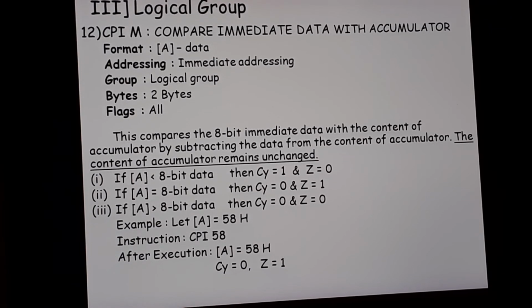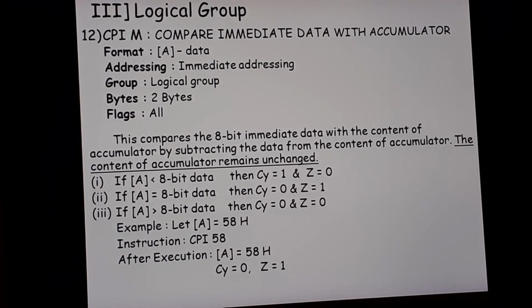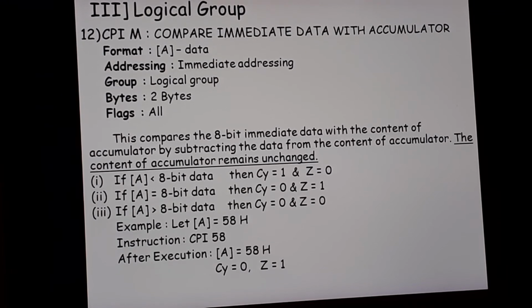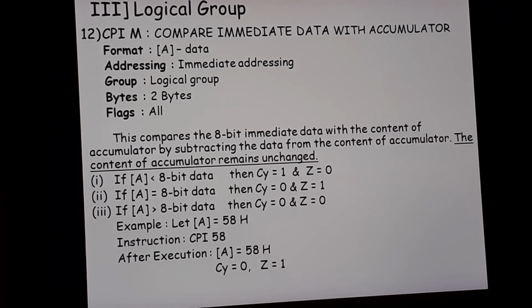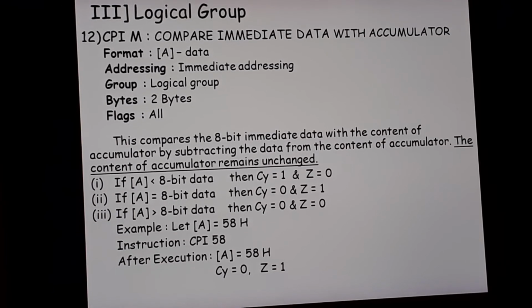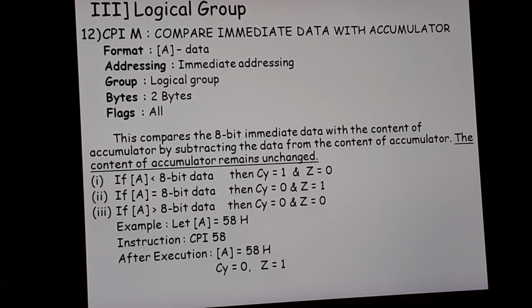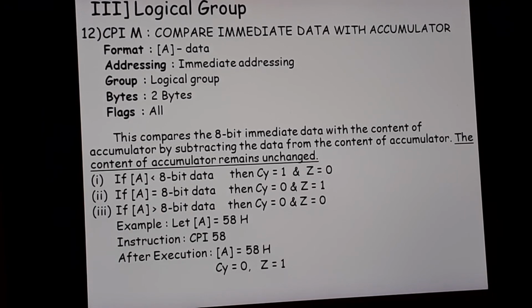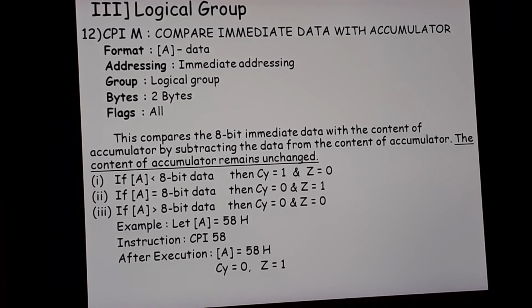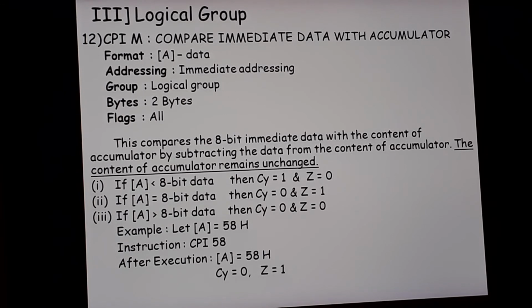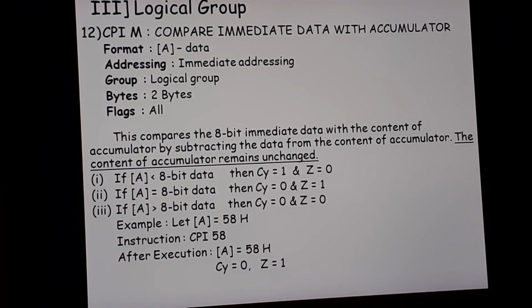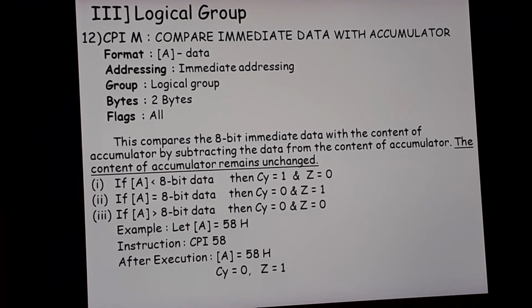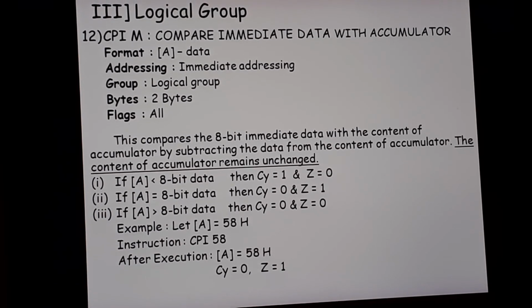We only compare the two data, that is the accumulator data and whatever data is mentioned in the instruction, either R, HL, that is M, or the 8-bit data. Okay, the three rules. And the accumulator content remains unchanged, so you will write it after execution. The flag which gets affected can be either zero or carry, and no other flag will you mention in this particular instruction if they ask you in the theory.